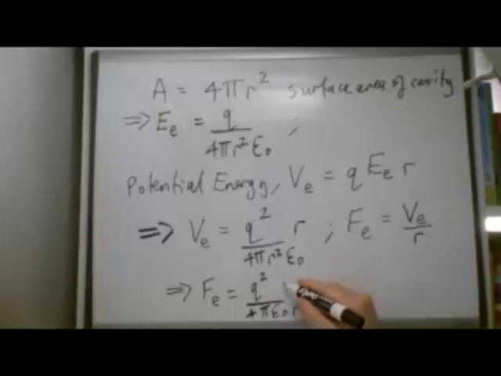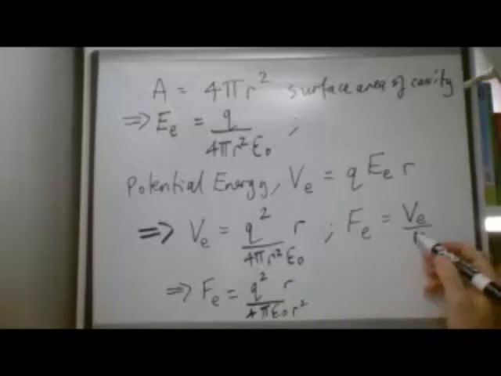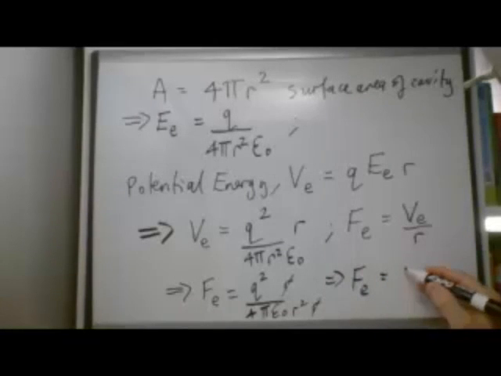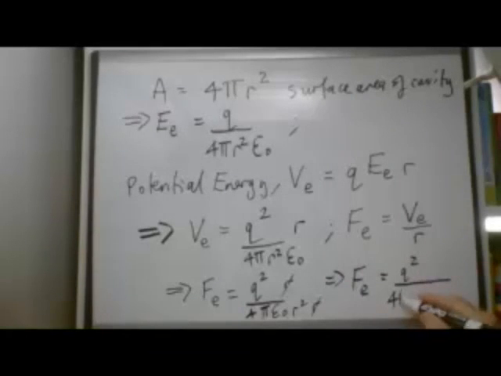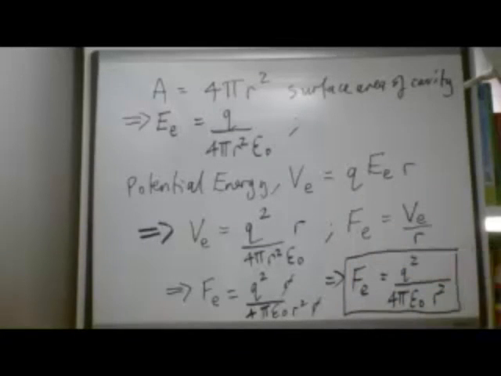Now I've got an r upstairs. I've also got an extra r downstairs. So this r will cancel this, and we just rewrite the force is Q squared, the charge squared, over 4 pi epsilon 0 r squared. And this is Coulomb's law. Well worth remembering. It will be very useful to us in introductory chemistry.